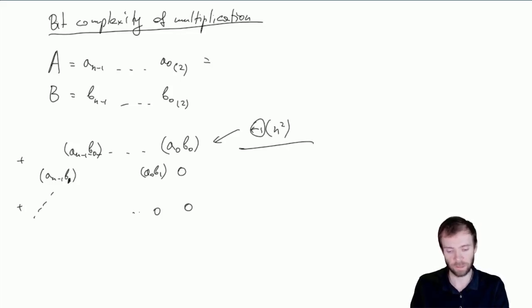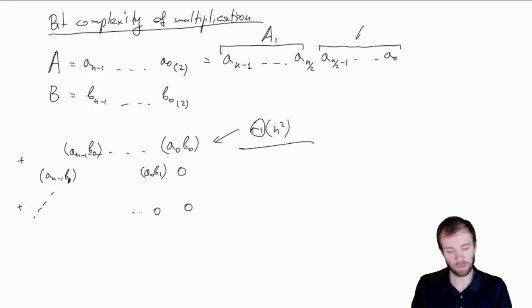We say that A really consists of two halves of this binary representation, from a n minus 1 through a n over 2, and then a n over 2 minus 1 through a0. And these two halves correspond to two numbers in binary notation. The first is a1, the second will be a0. So each of these numbers, a0 and a1, is an n over 2 bit number.